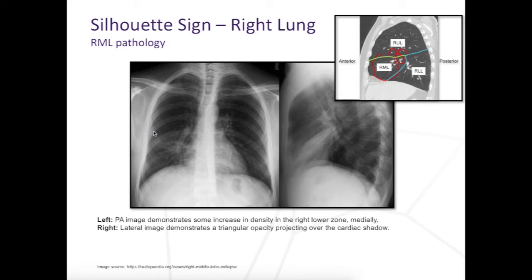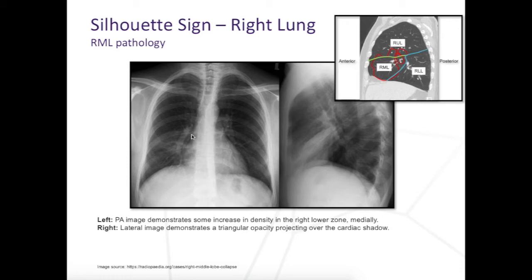This is an example of a right middle lobe pathology. This is not a very striking example of it, and this particular density is what radiologists often describe as a density increase. Sometimes it's hard to identify exactly what it is, but this is a density increase.